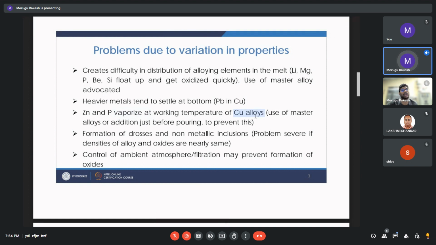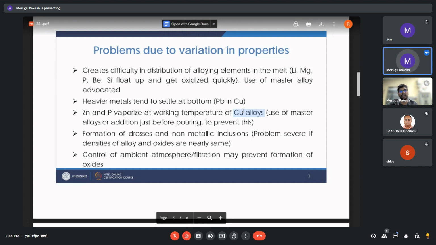Copper alloys work at around 1000 to 1080 degrees Celsius, whereas zinc is at around 420 degrees Celsius, and phosphorus, I'm not sure. By the time the copper melts, the zinc and phosphorus will get vaporized. That is the reason we go for master alloy or addition just before pouring to prevent this.